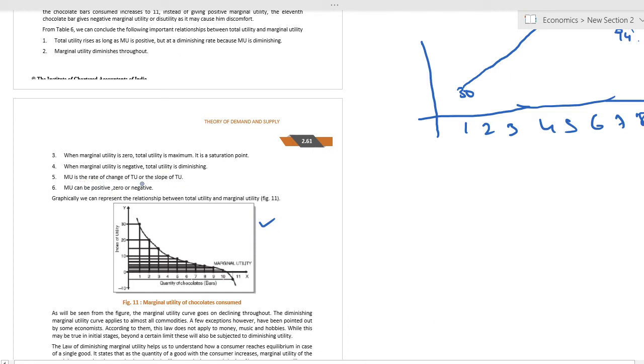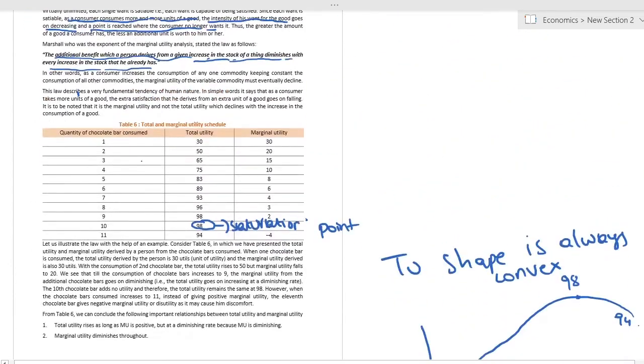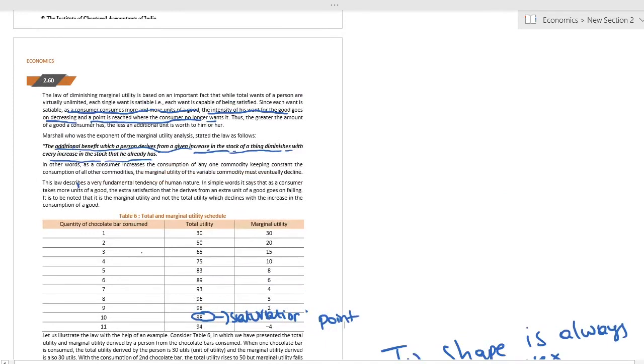MU is the rate of change in TU or the slope of TU. So guys, I'll try to make you understand using mathematics. If you know the slope very well, slope is nothing but y2 minus y1 by x2 minus x1. Let's say this is TU. TU is drawn on the y-axis, units on the x-axis. If you see 50 minus 30 by 2 minus 1, what will it be?